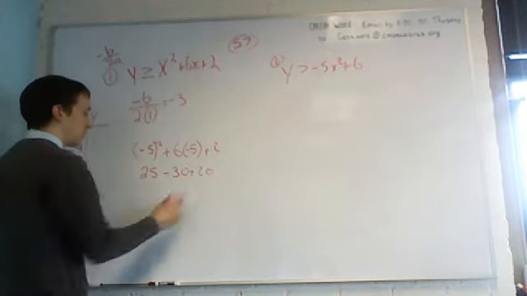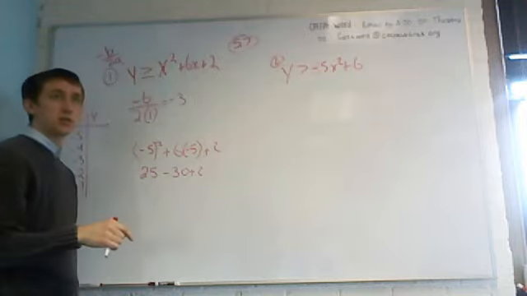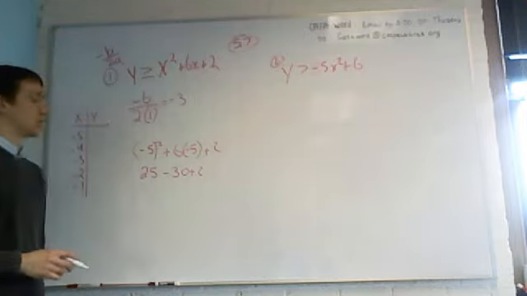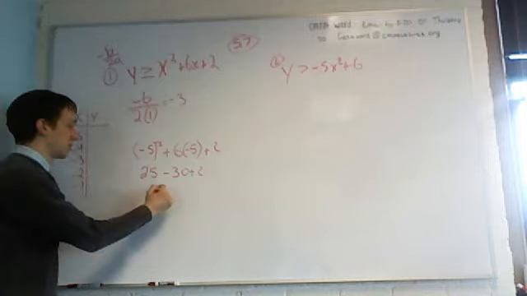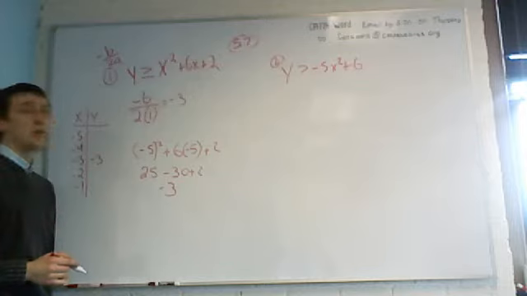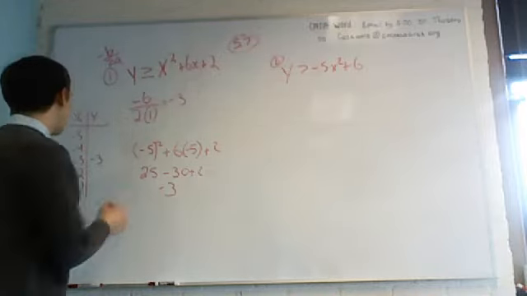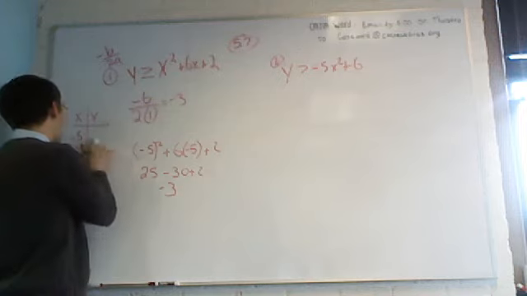Negative 3. So negative 5 gives us negative 3. Sorry, my bad, I forgot where I started.